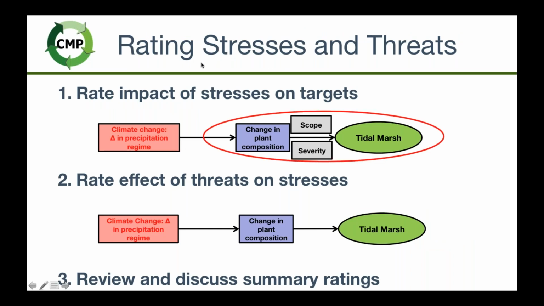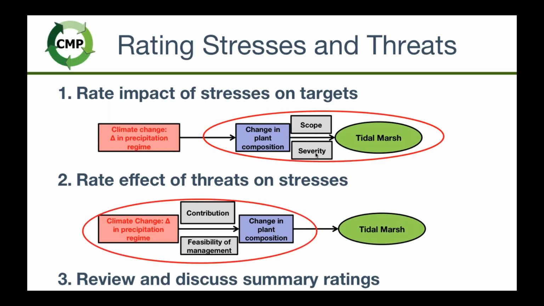First we're going to rate the change in plant composition in terms of its scope and severity. And then we rate to what extent changes in the precipitation regime contribute to changes in plant composition, and the feasibility of management of these changes in precipitation regime.